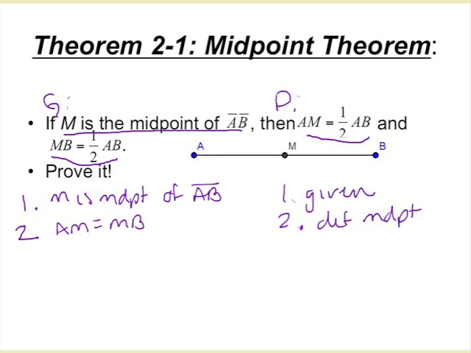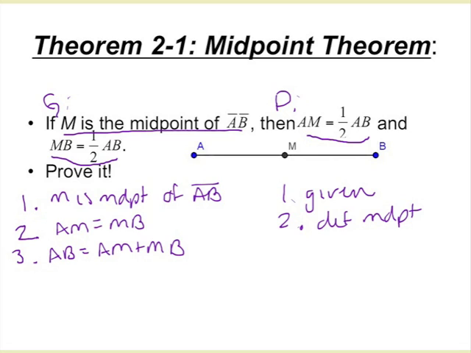Now this is good because I'm bringing AM and MB into it, but I want to know how they're related to AB. So what I can do is say that AB is equal to AM plus MB. AB is the full length, putting together those two smaller pieces.